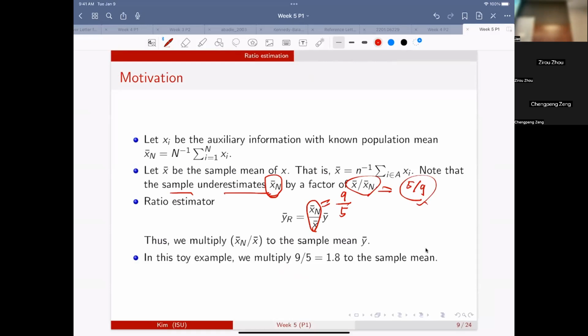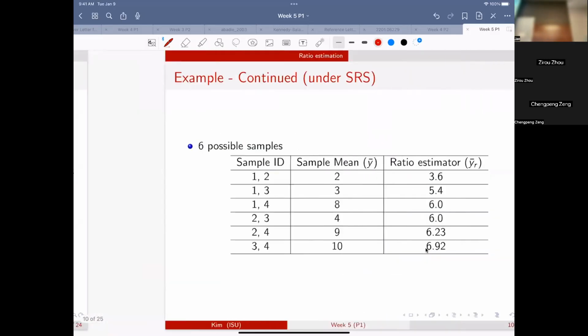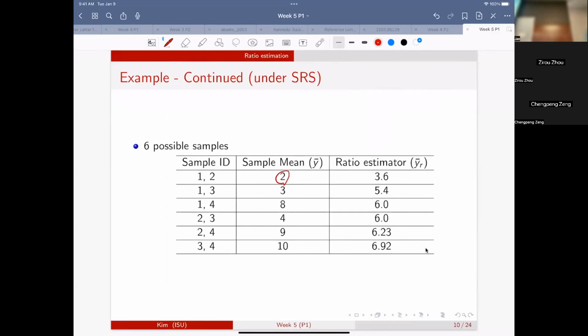If I apply it to x, the mean of x is 5, so then I recover 9, right? So I apply this 1.8 to the sample mean. For each choice, my y bar is originally 2, but I multiply by 1.8.